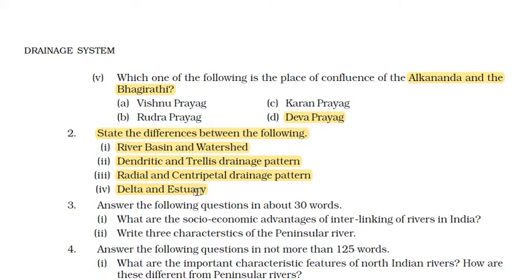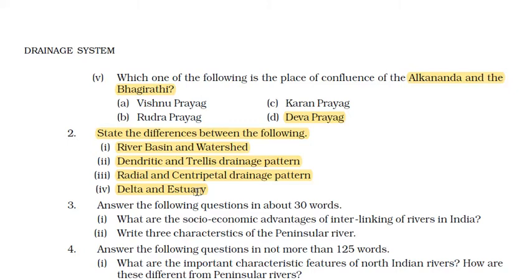Means from where the river drains out into the sea, either the Bay of Bengal or the Arabian Sea, the pattern which the rivers make in a triangular form due to the deposition of sediments at the river end or the river mouth is called the delta.